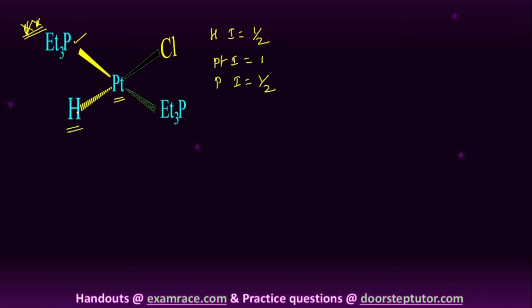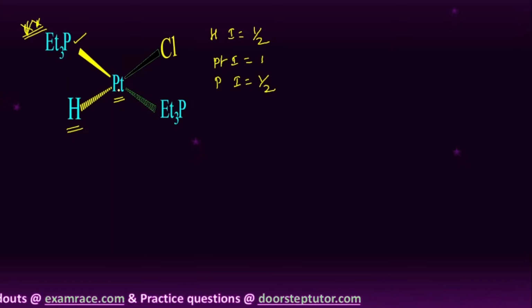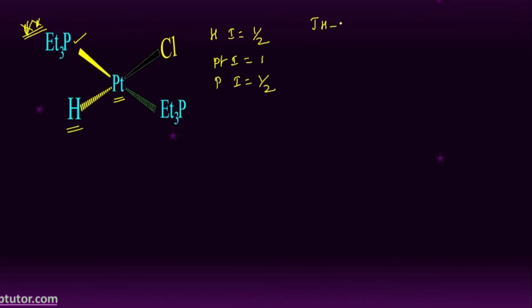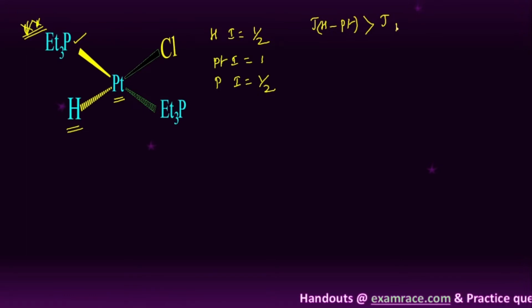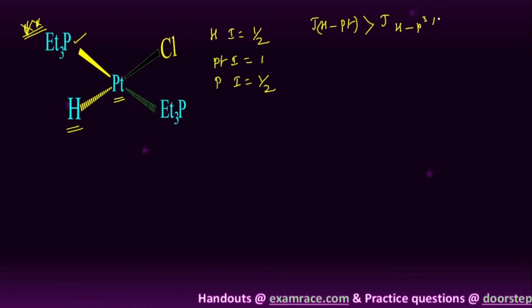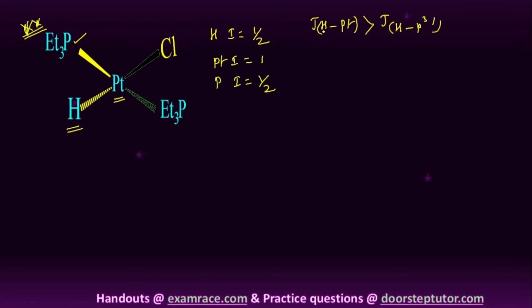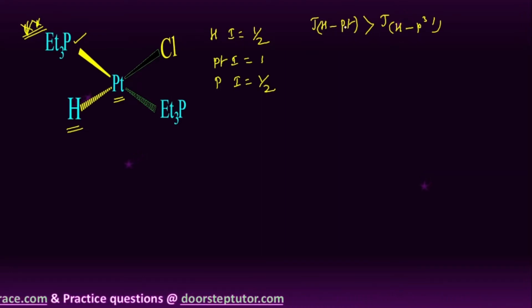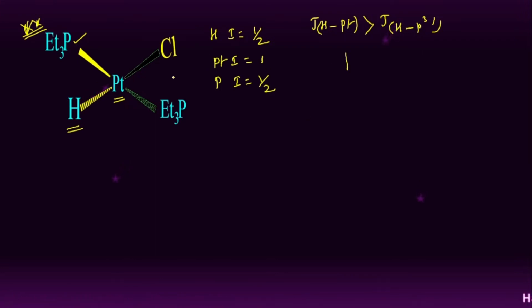This proton is coupled with the platinum, because generally the coupling of proton and platinum is greater than the coupling of proton and phosphorus P31. So first of all, the proton is coupled with the platinum, then it is coupled with the P31.